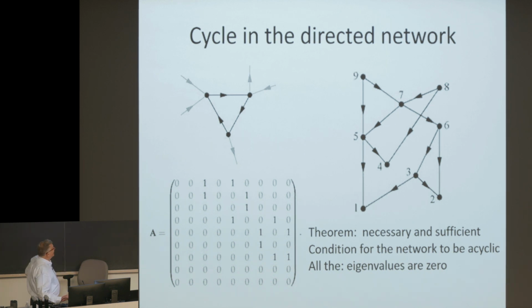But you see, for example, if you want to find in a directed network the number of loops, then you can say that the necessary and sufficient condition for the network to be acyclic, so it won't have any loops, is that all the eigenvalues must be 0. That is, of course, very clear from this matrix, because it's a triangular matrix with a diagonal which consists of all zeros, so all the eigenvalues must be 0.